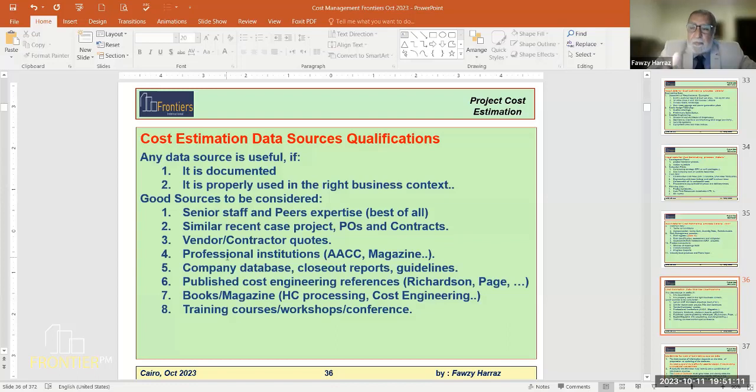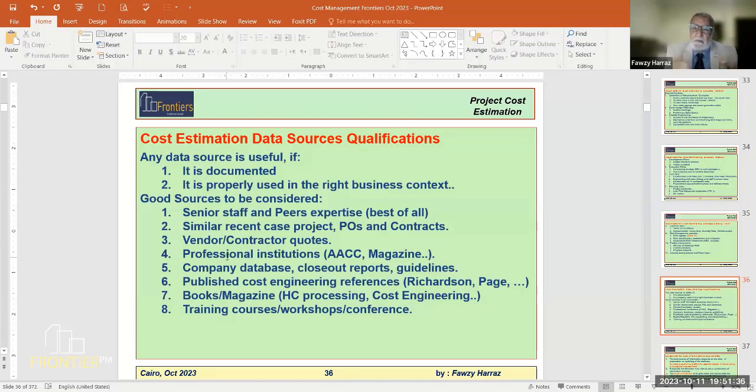It may be used on an earlier estimate, on a feasibility estimate or a conceptual estimate, because the accuracy of the definitive estimate should be within, say, 15% plus or minus, while the conceptual is plus or minus 25%. The feasibility is plus or minus 40%.